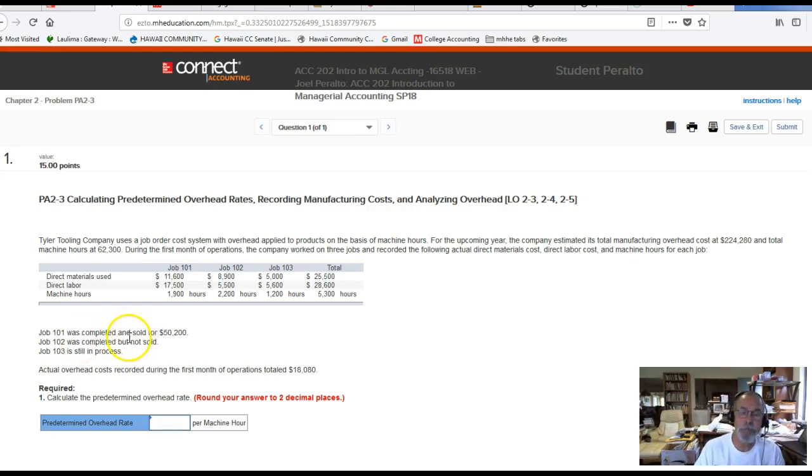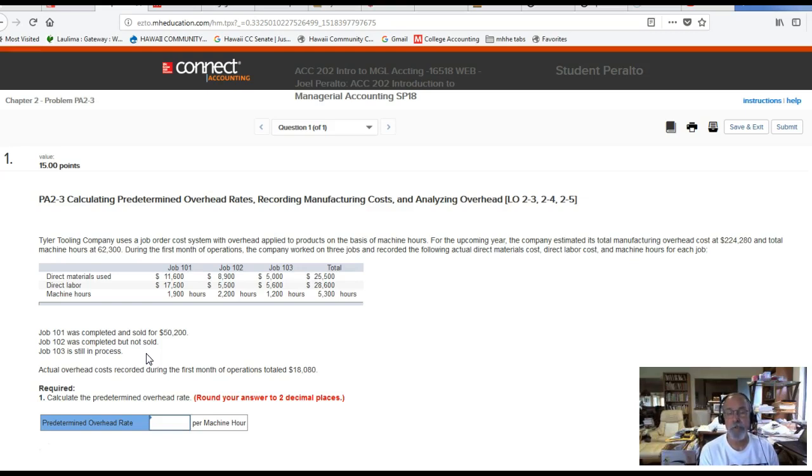The labor cost is accounted for as payroll, essentially, and so those amounts would be debited to work in process for direct labor and to manufacturing overhead for indirect labor. And finally, once materials used and labor incurred has been recorded in the work in process inventory account, that's where production is occurring.